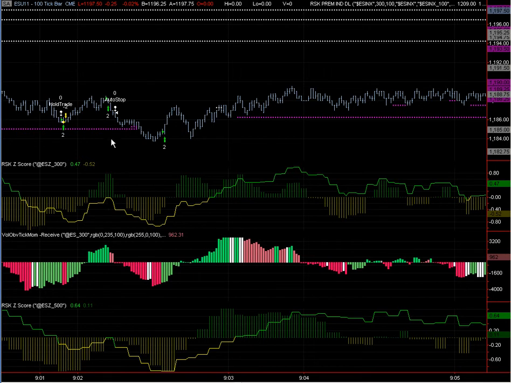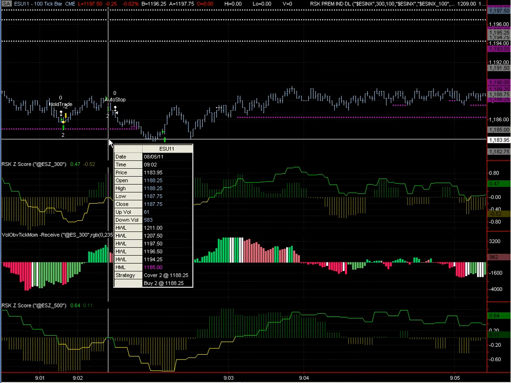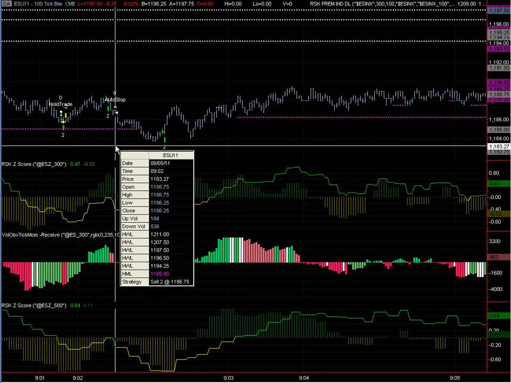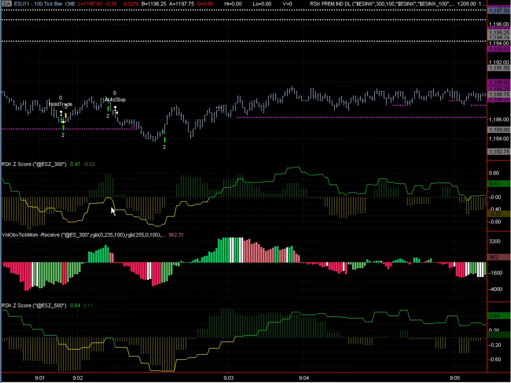On the other hand, this long trade that takes place at the top of this move gets auto stopped because the z-score here is below 0. That's part of the formula.